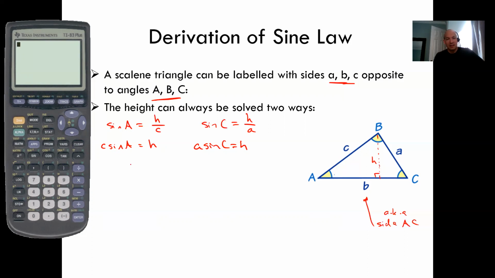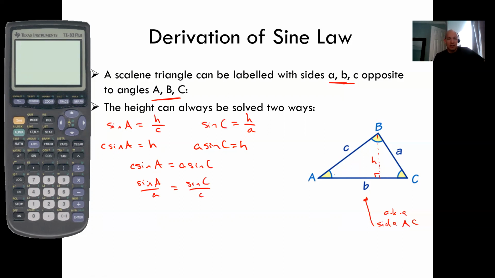Now I can say that c sine A equals a sine C. If I want, I can go one step further so that I've got all the same letters on the same side. I can divide both sides by a, and divide both sides by c, and I get sine A over a equals sine C over c.